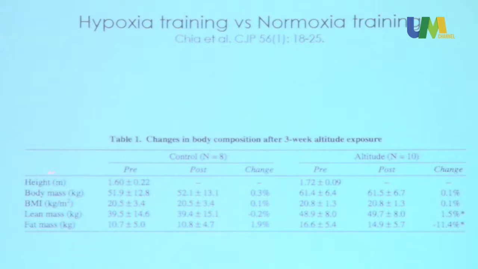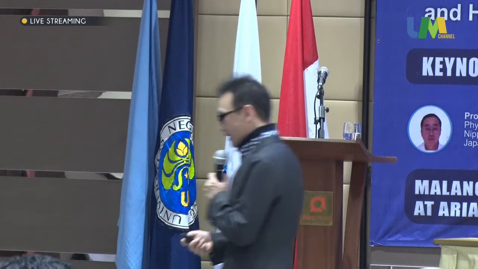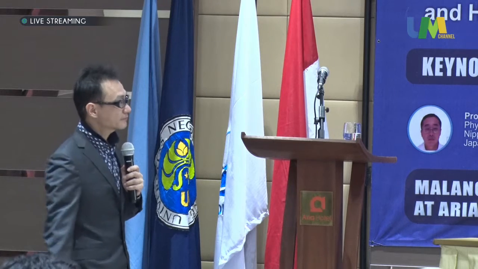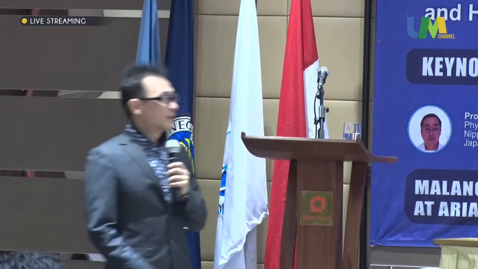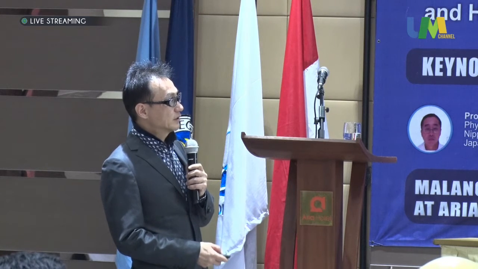But if you look at the control group, which resided at sea level, there's no change in the fat mass. So this gives us a very important concept, again, that you don't want to use fat burning to explain the fat loss outcome. It would have a lot of conflict. One of the mechanisms is the total hemoglobin in the muscle.